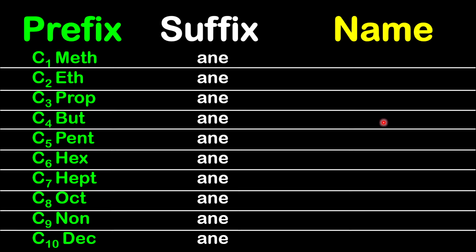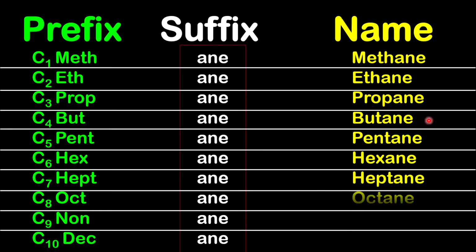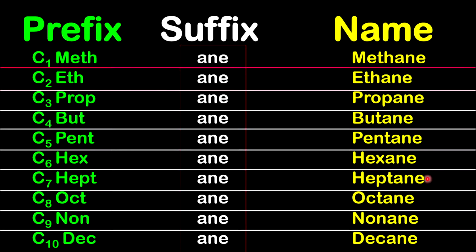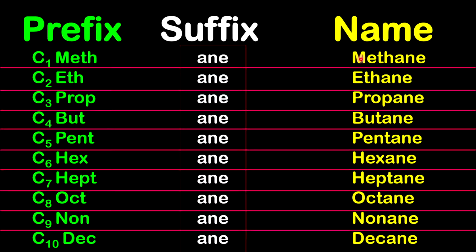So the ending of the alkanes is ane. If we join them together, the names are methane, ethane, propane, butane, pentane, hexane, heptane, octane, nonane, and decane. And these are associated with the number of carbon atoms.